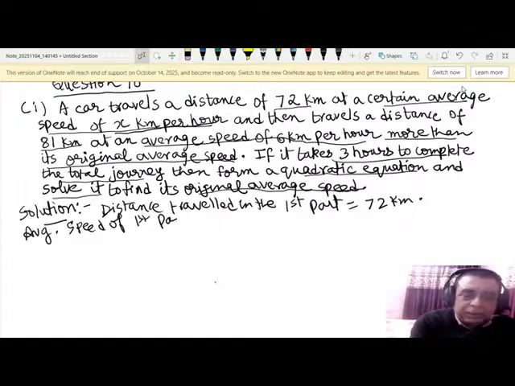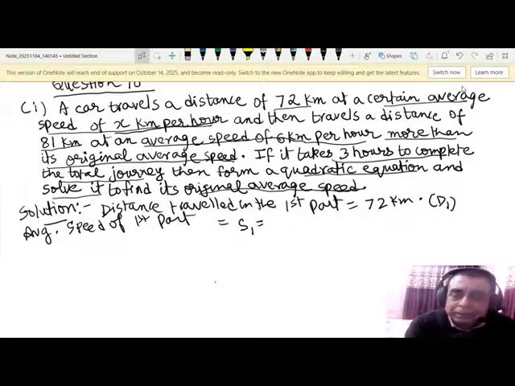What is the average speed of the first part? The first distance we are denoting by d1, and the average speed of the first part we are denoting by s1, which is x kilometers per hour.